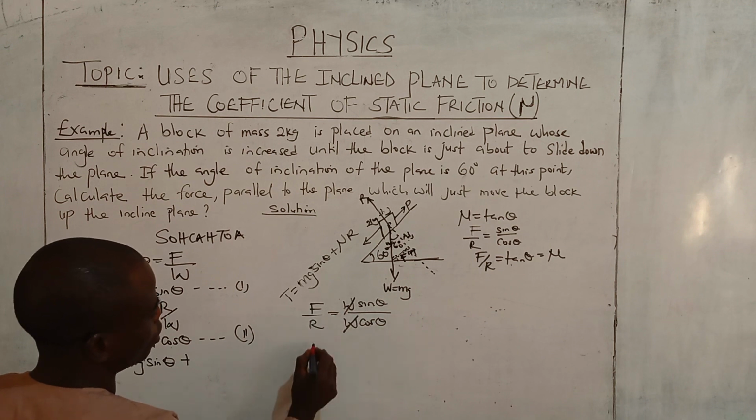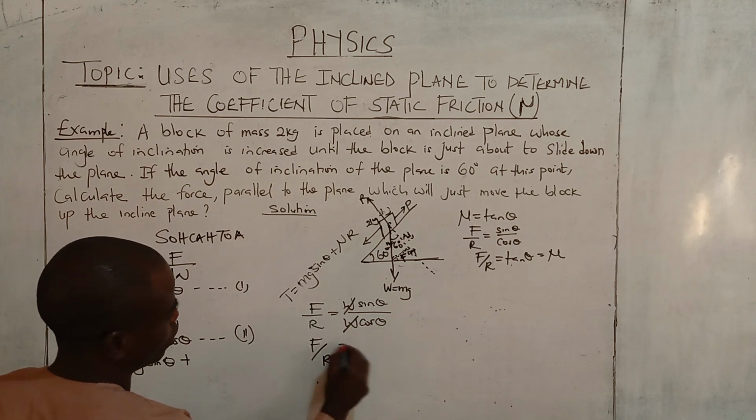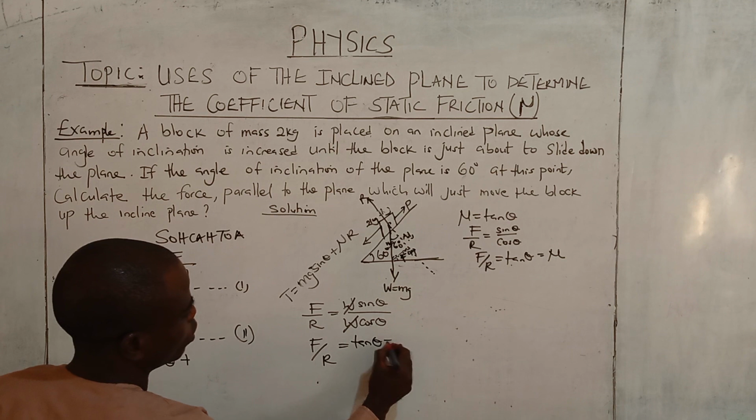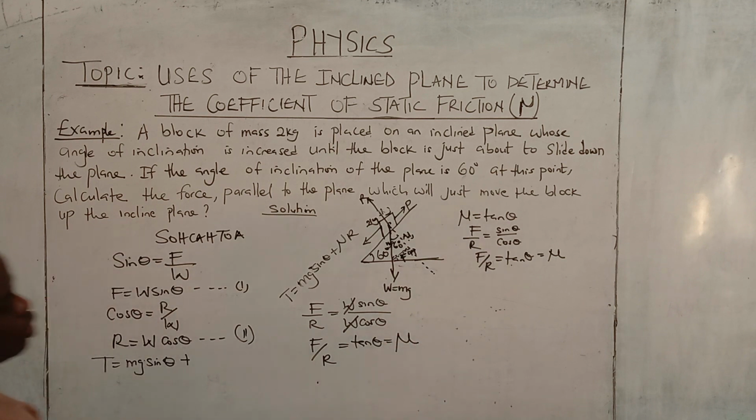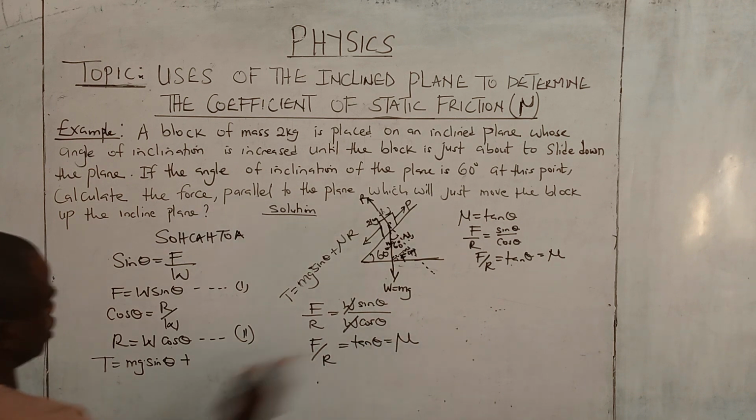W cancels W. We have F over R equals tan theta, which is equal to the coefficient of static friction. From there, that means our mu is tan theta.